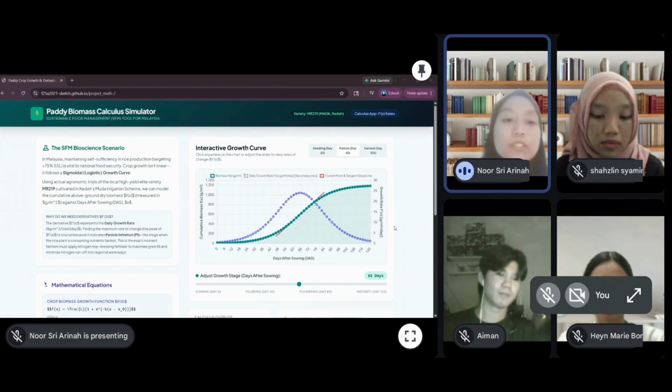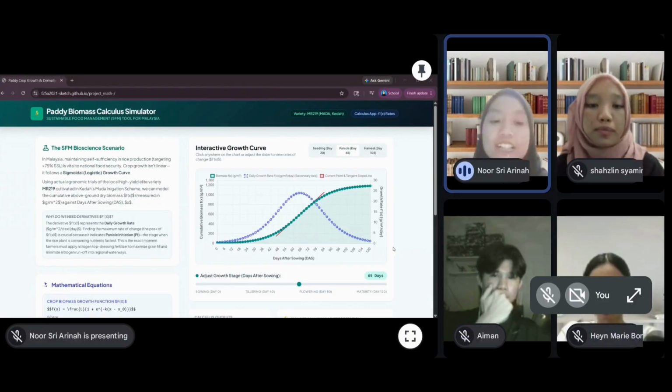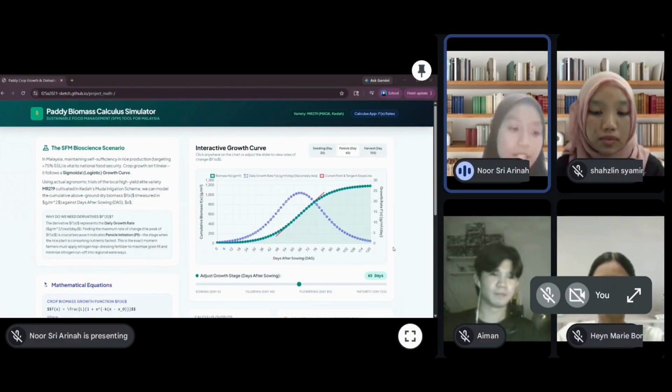Third, the importance of studying this problem is because this is where the rate of change, or the derivative, becomes efficient. The rate helps us calculate exactly how much the rice yield responds to every additional kilogram of fertilizer.